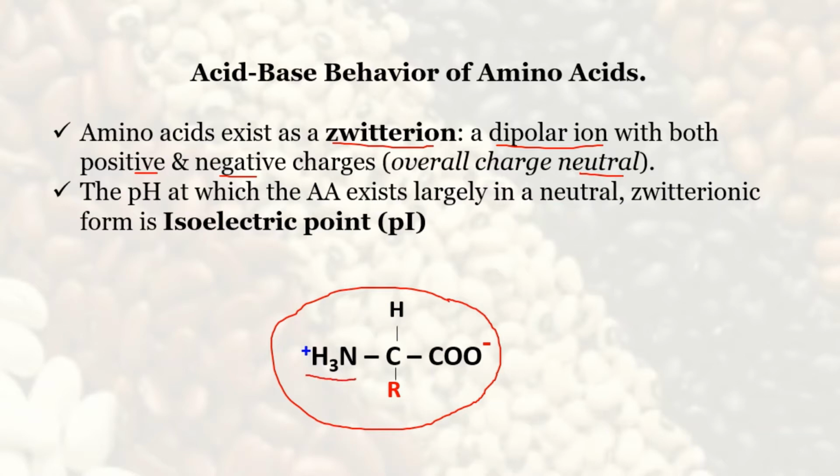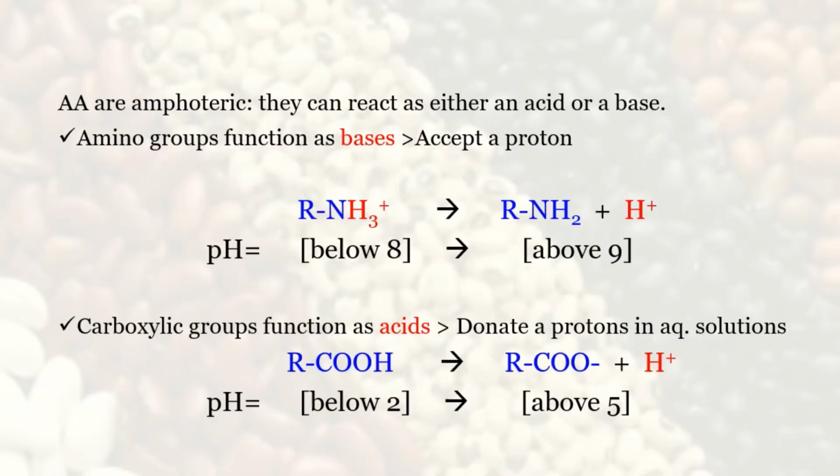Usually the amino group is going to be positively charged and the carboxyl group negatively charged, and this counter charge gives it a neutral charge. And the pH at which this amino acid exists in this form is called the isoelectric point, pI.